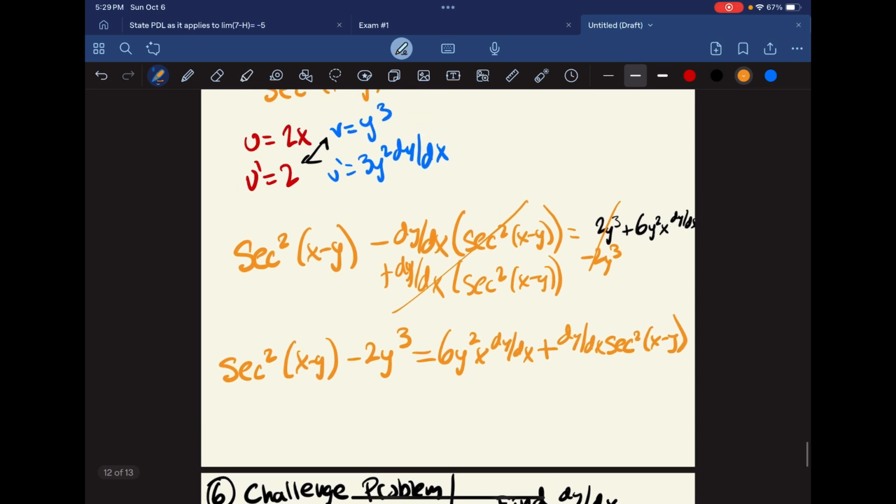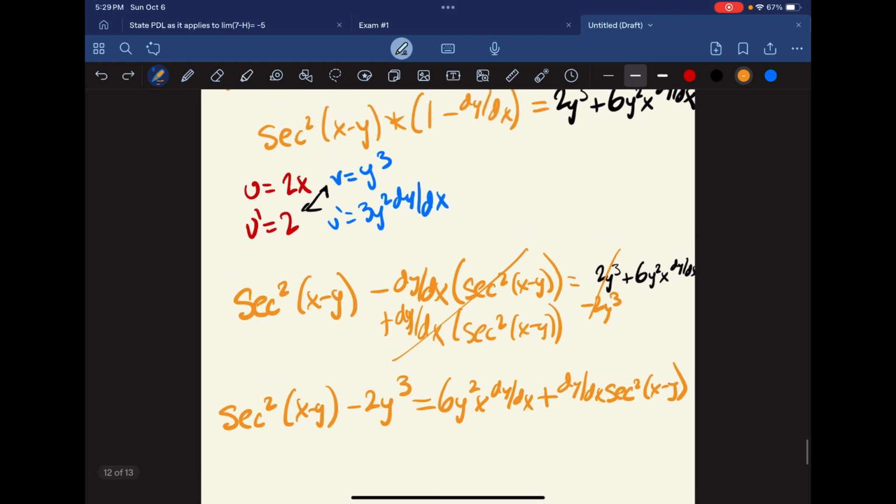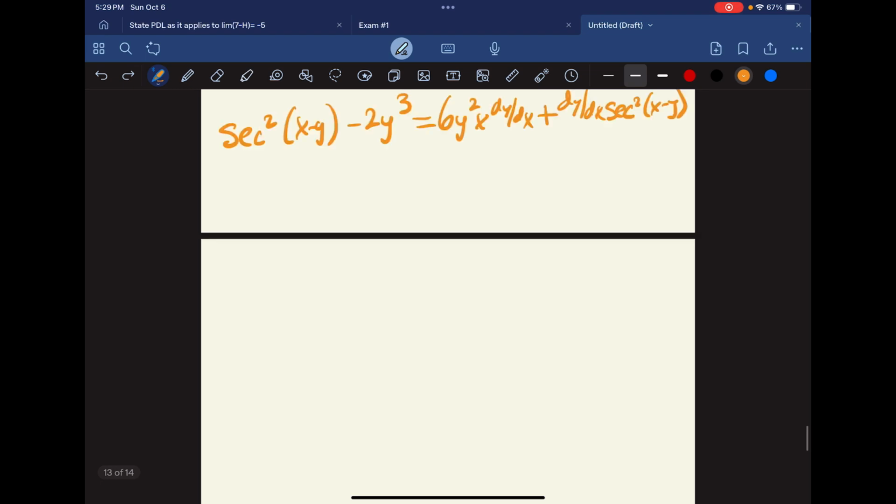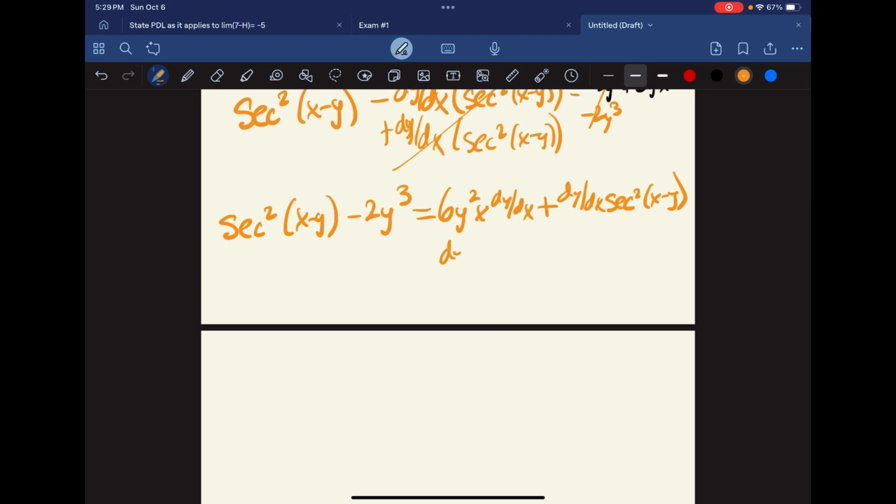So now, however you can, get all of your terms with dy/dx over to one side, get all of your other terms to the other side, and then here we can just factor out a dy/dx from this side, 6y squared x plus secant squared of x minus y.